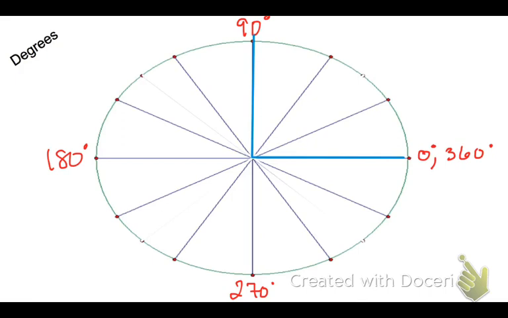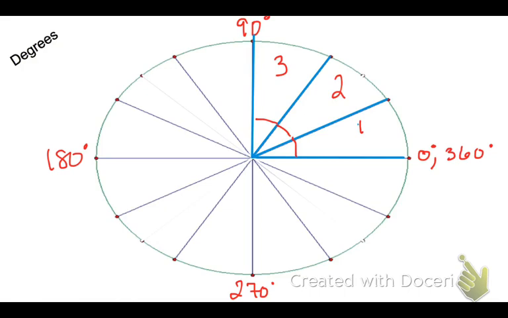Hopefully, it is apparent that these angles, these lines, almost appear to be cutting that quadrant into 3 equal pieces. Which means each of these angles are going to be cut into 3 equal pieces.